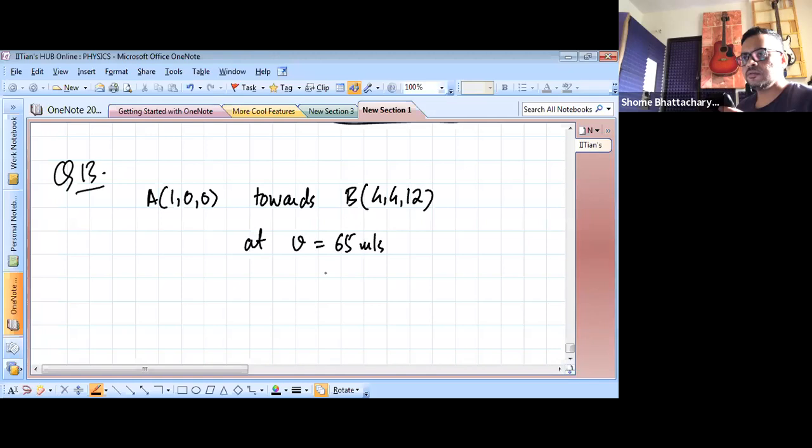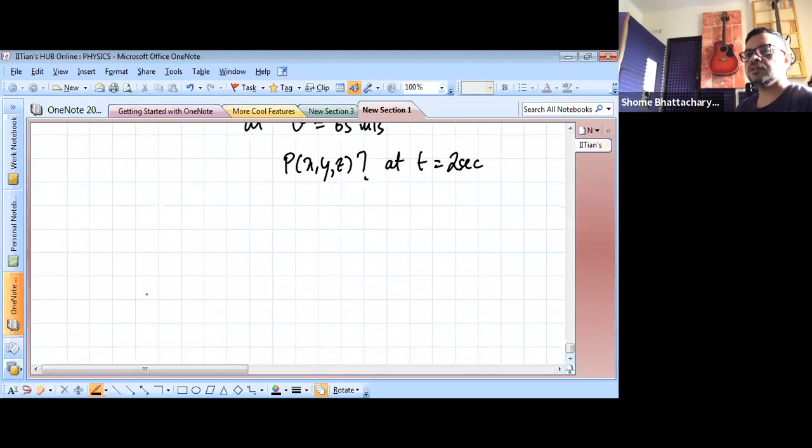Okay. So now we have to find the position, let's say P, X, Y, Z kuch hoga, at t equal to 2 seconds. So this is where the particle is at t equal to 0 and it starts moving towards B. Okay. So we can say that agar ye point A hai aur ye point B hai, so it's moving in this direction of AB.